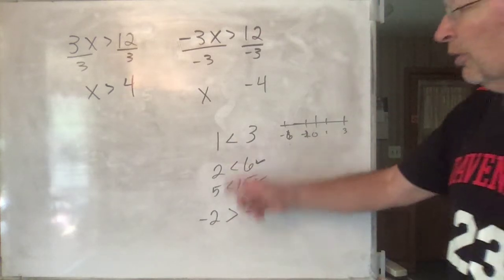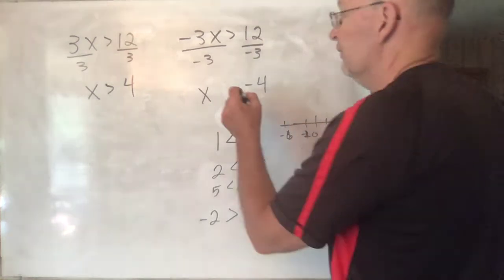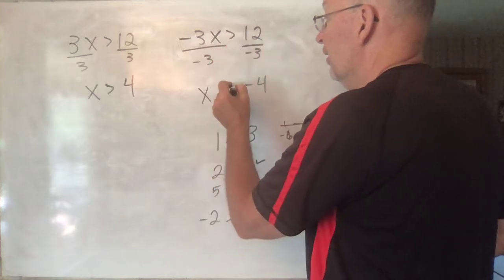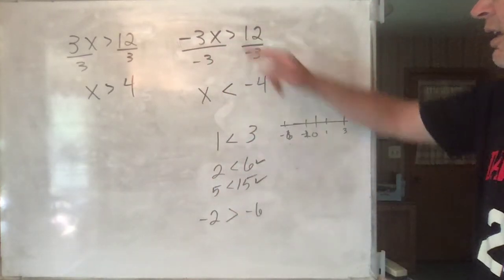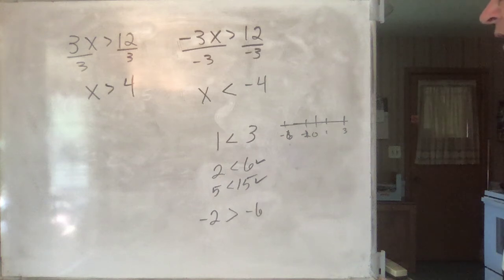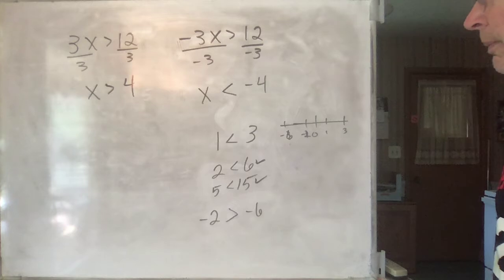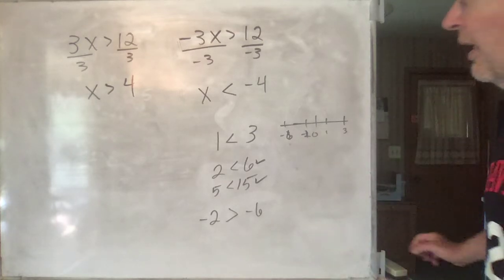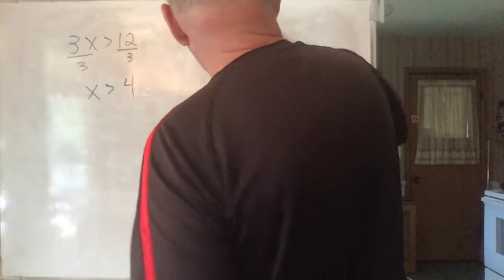So the key is, whenever you multiply or divide by a negative number, you have to switch the sign. Here the sign is bigger, so now it's got to go less than. If I started with less than, then it becomes bigger. Either way, you need to change the direction of the inequality. So that's a key thing. If you forgot it or didn't know it, it's important to know.